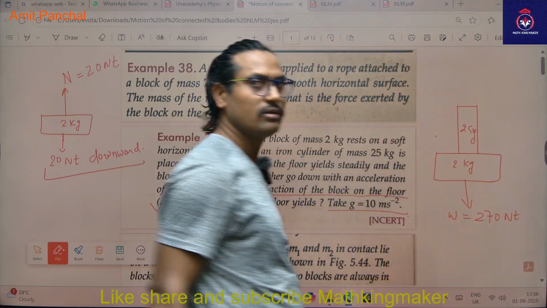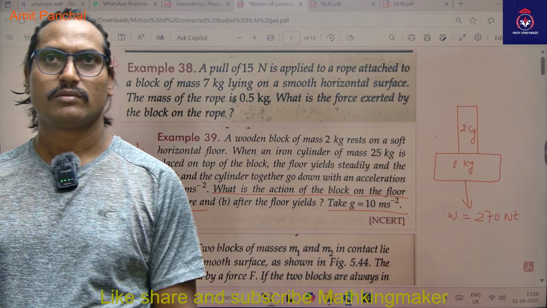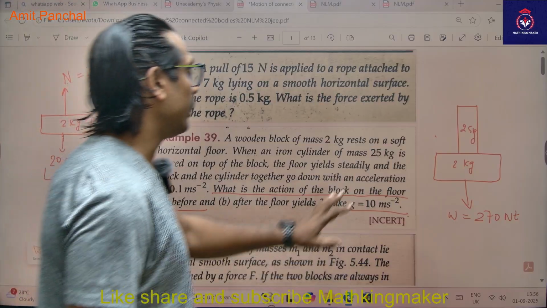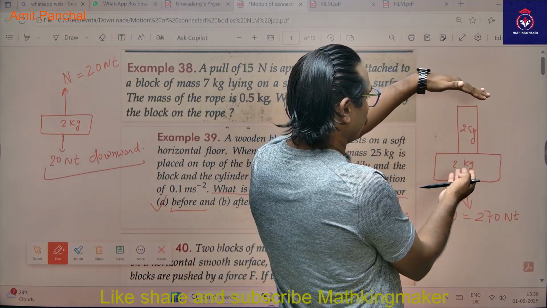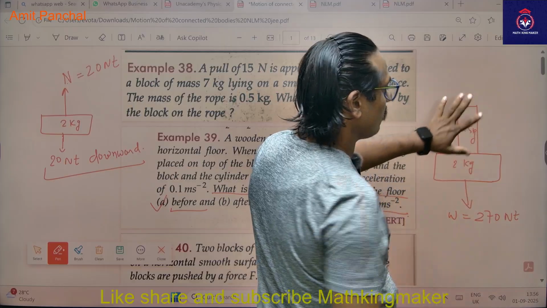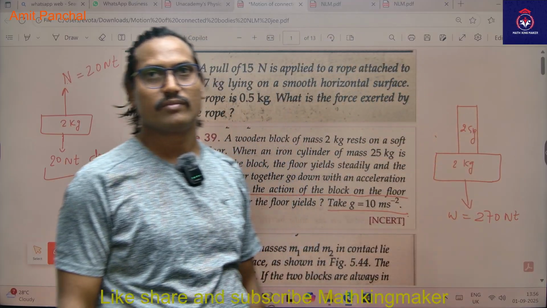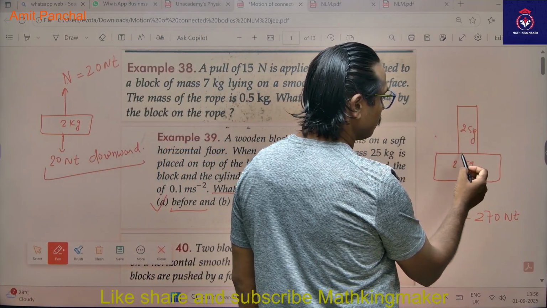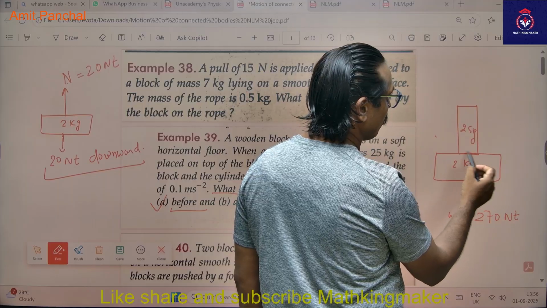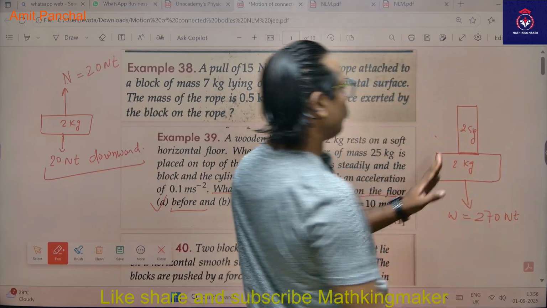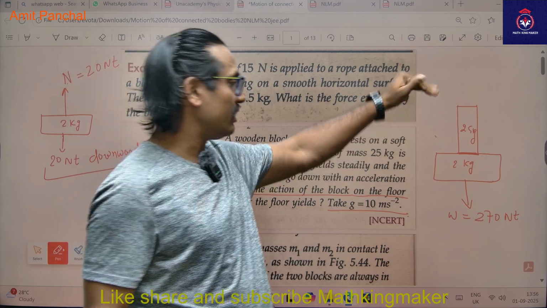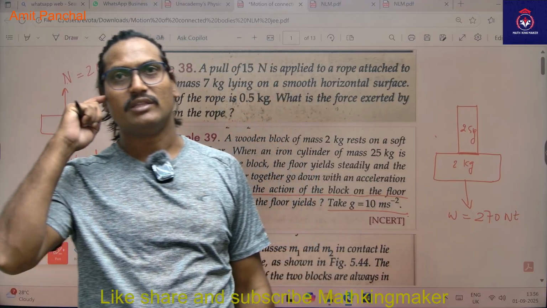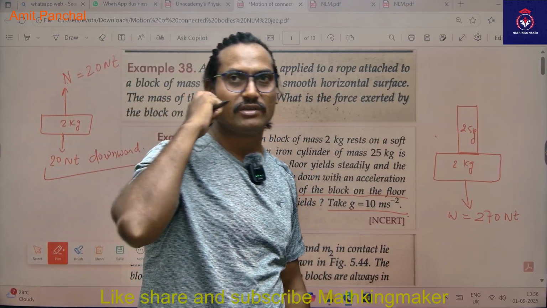But sir, wouldn't there be normal between the two blocks? This time it is behaving like one body. No, but there should be normal between the two blocks. Normal will also be there on these two surfaces, but normal will be upward and weight will be downward, so they will be balancing each other.